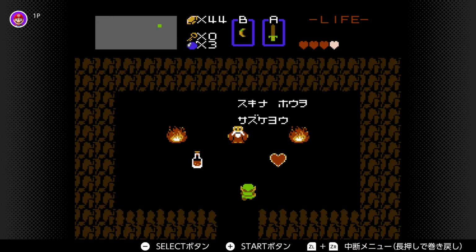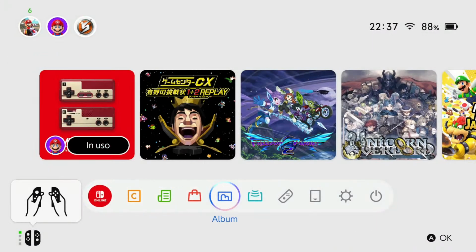So, suki na ho, suki na, that which is liked. So this sentence means let's grant you the one that you like. The one that we like, we're definitely not getting the left one, but we'll show what that is.